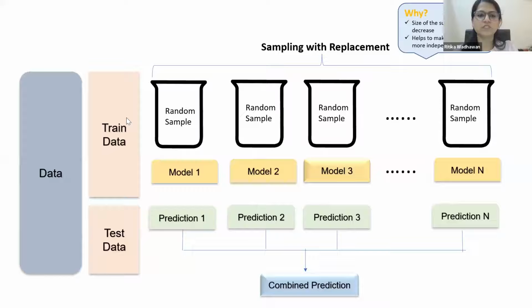Hold on. So if you could see my screen now, what happens with random forest is, just like we have withdrawn a random sample of records from the data, in random forest, for one of the models, you would also subset the number of features.